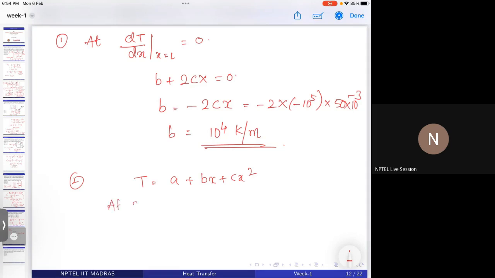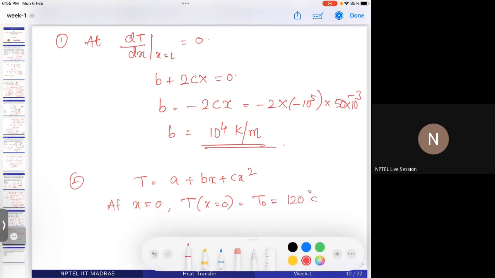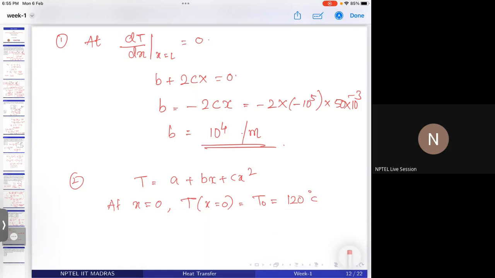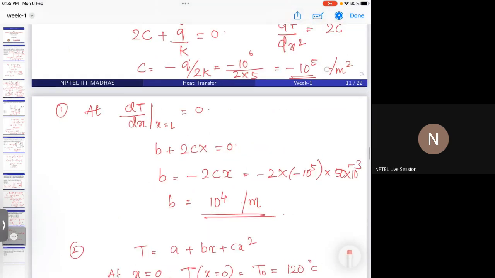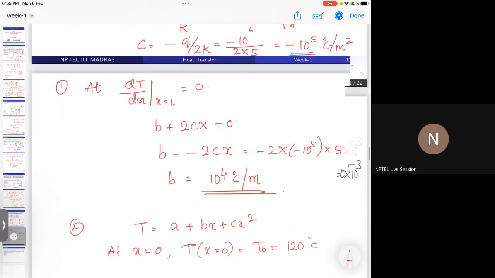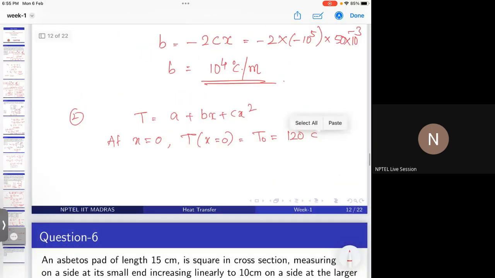At x is equal to 0, it's already given: T at x is equal to 0 is equal to T0, which is 120 degrees Celsius. As it is degrees Celsius, you can replace all this with degrees Celsius. So A is equal to 120 degrees Celsius.